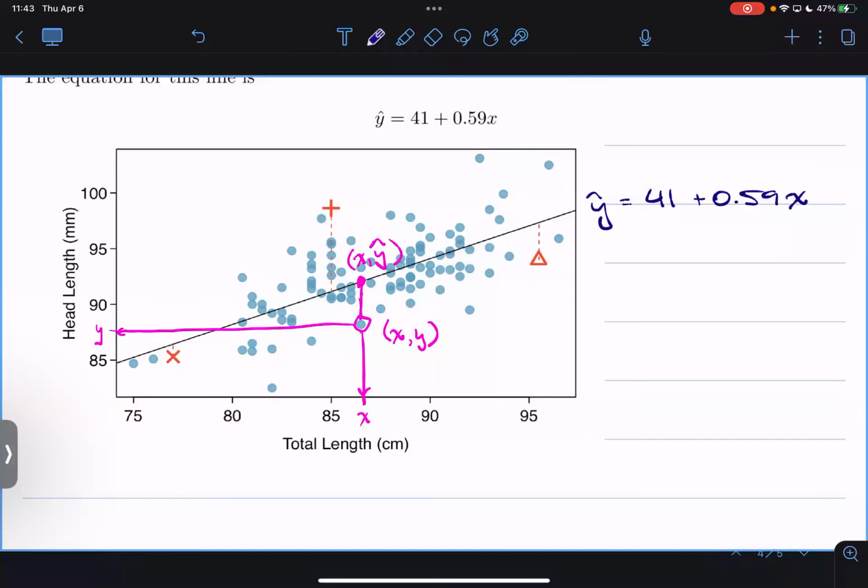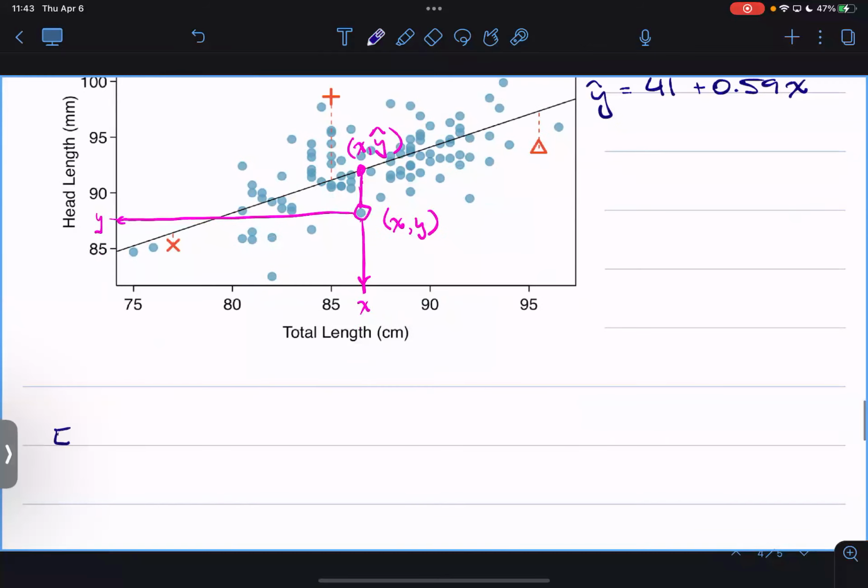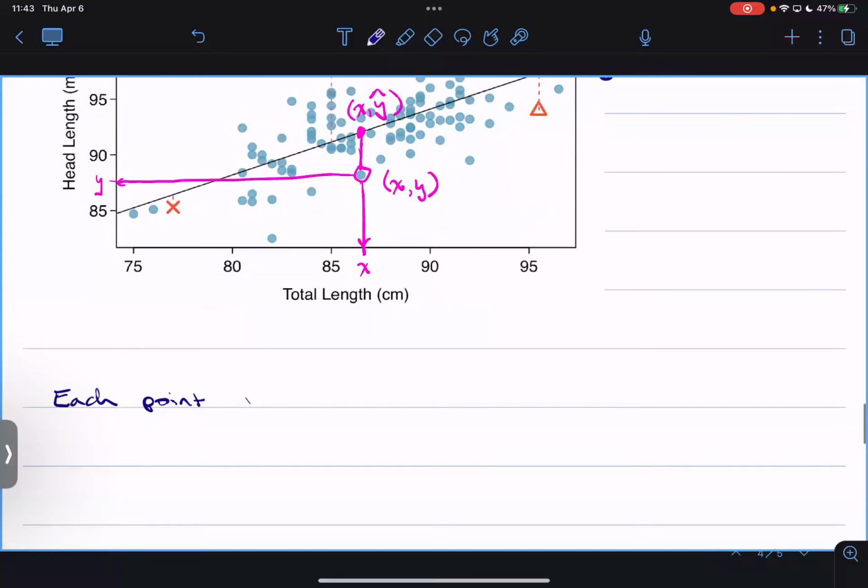And so each point is at an observed value of x and y.